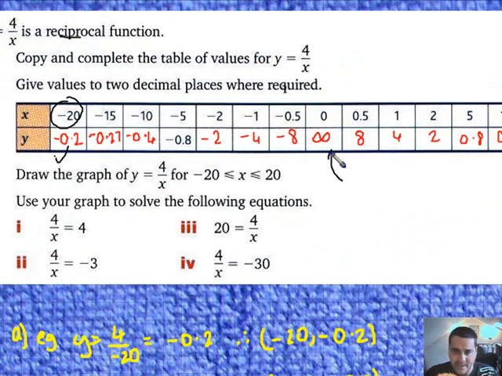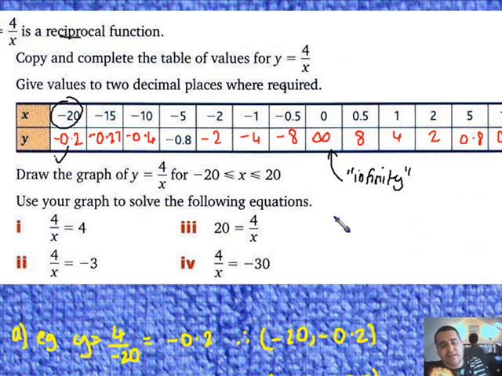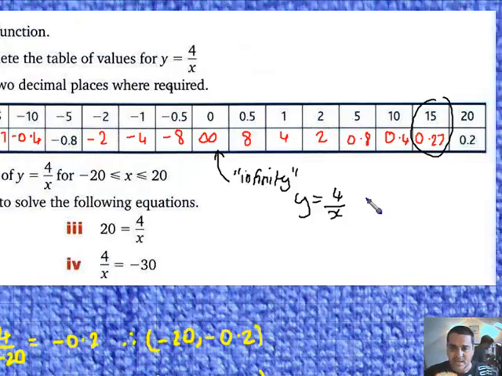Now I want to talk about this one here. This sign means infinity. Now you can't plot infinity on any size graph, even if it's an infinitely huge piece of paper. You still can't plot it, because look, I've got y equals 4 divided by x, and if x is 0, well, how many zeros go into 4?